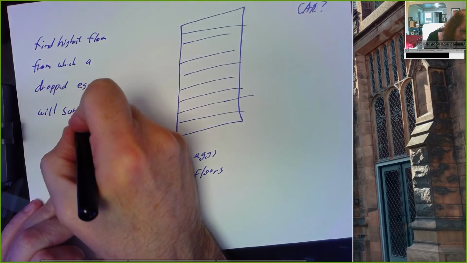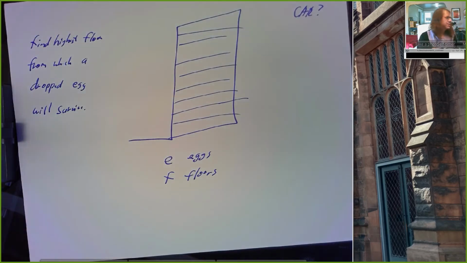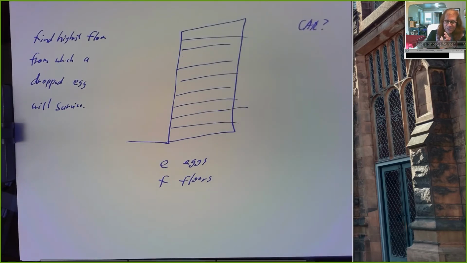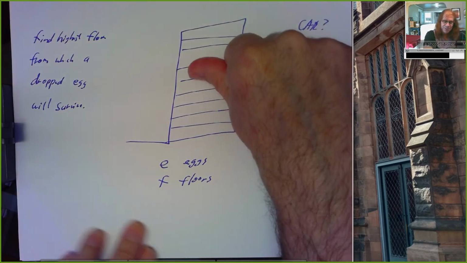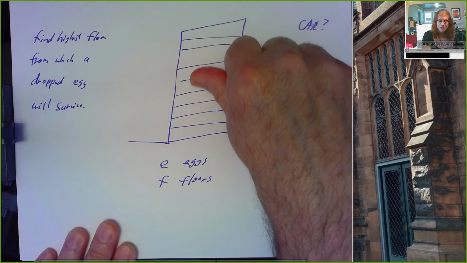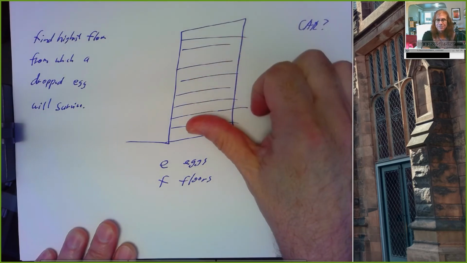And we make all kinds of simplifying assumptions. All the eggs are identical. If you drop an egg and it survives, it's in exactly the same state as before you dropped it, so there's no successive damage. And if I can drop it from a given floor and it survives, I can drop it from a lower floor and it's guaranteed to survive.